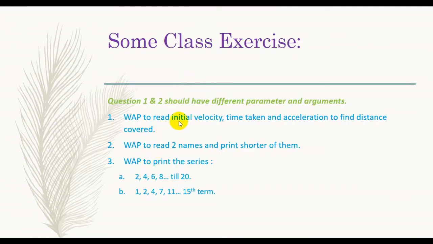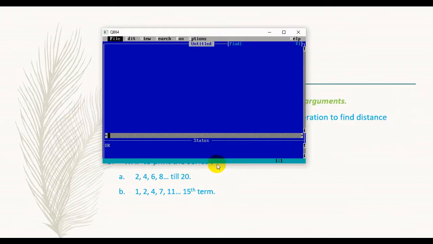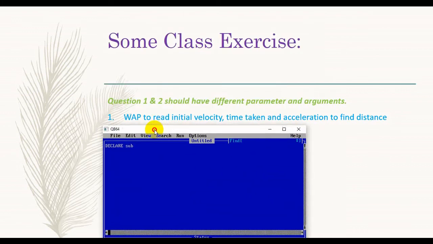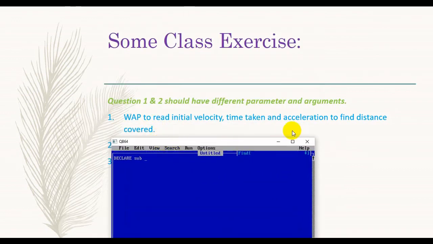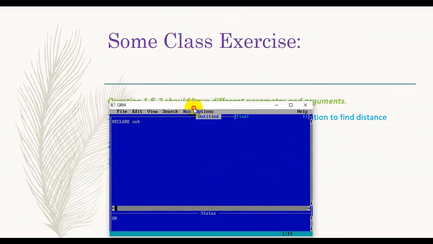Here we read program is initial velocity, time taken and acceleration to find the distance covered. So if you go to QBasic, then declare sub, as its work we write the name because it's said to find the distance covered.